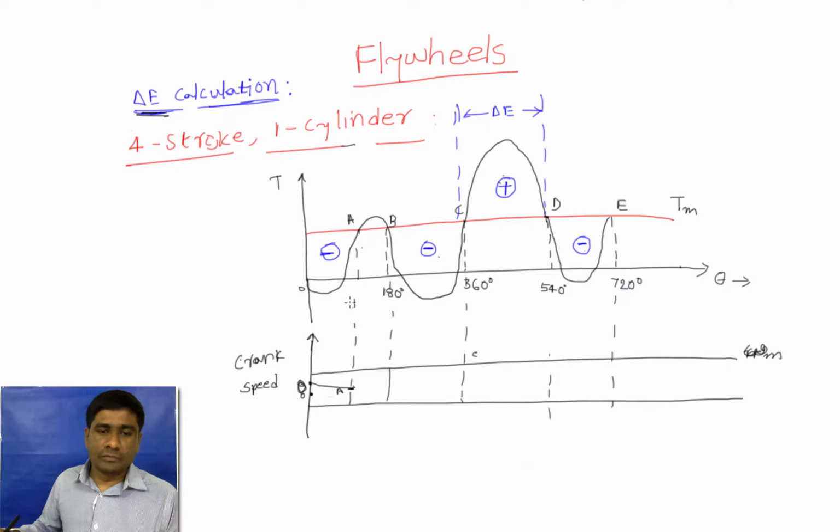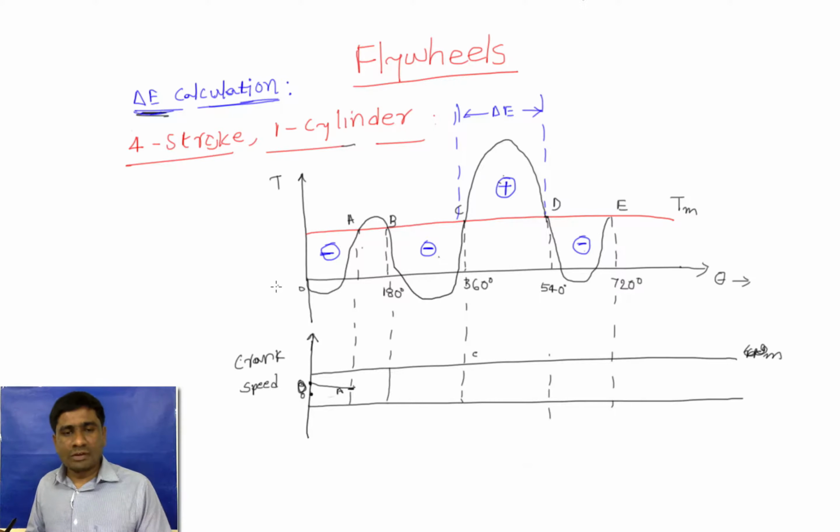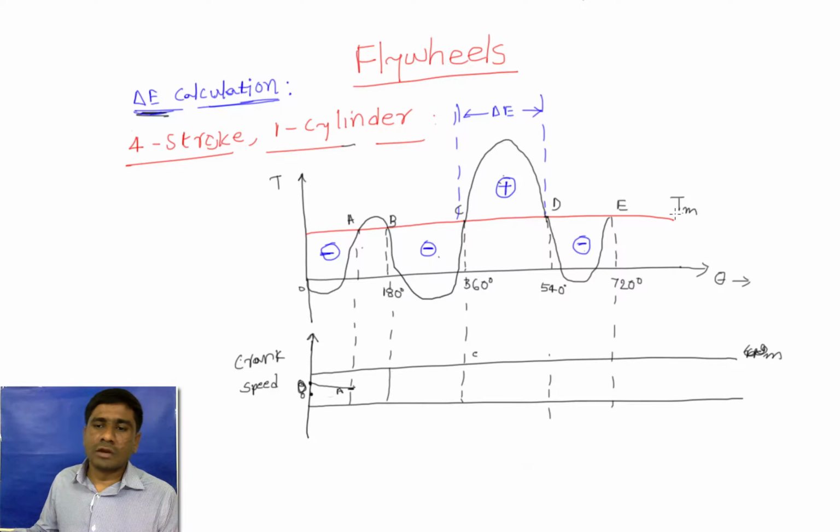Why? Because here this is the deficit area, and the energy stored in the flywheel would be given to the crankshaft to achieve the required minimum torque condition. So that means flywheel as well as crankshaft speeds are decreasing. By the time it reaches the point A, the velocity is less than the velocity at the point O.